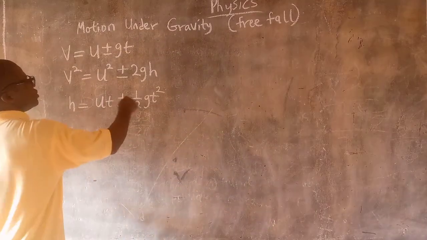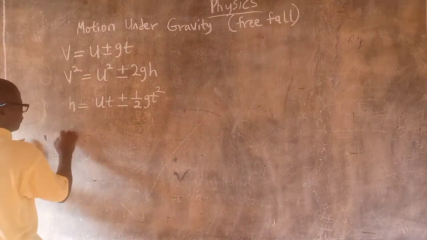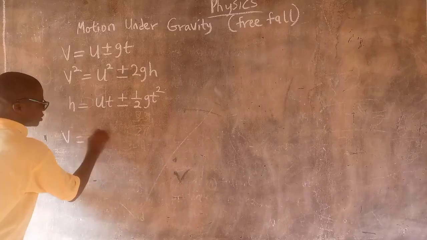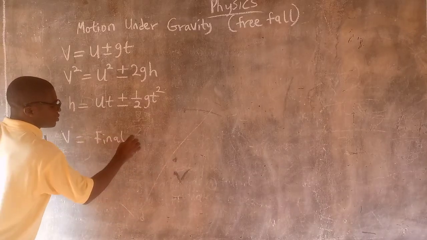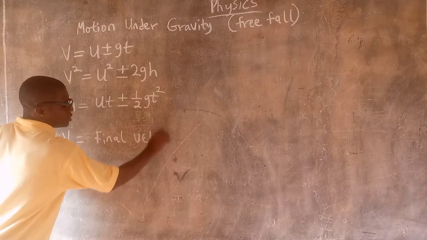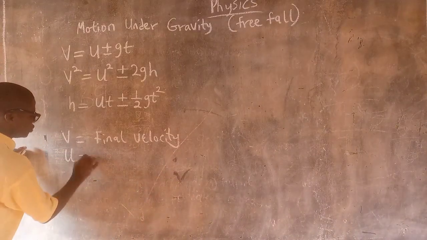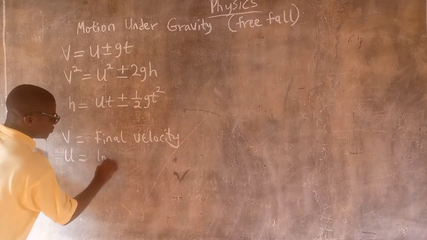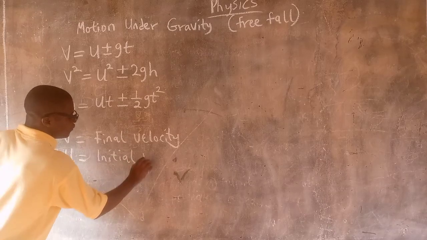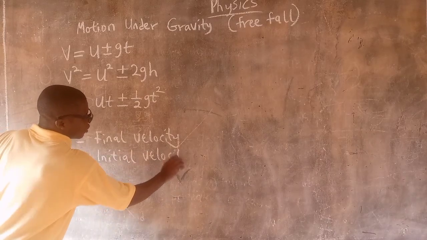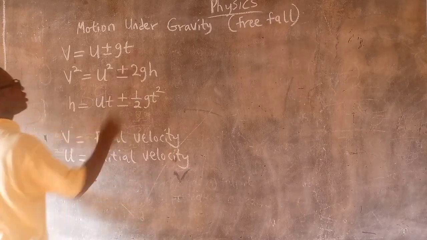V in these equations means final velocity of the object. U means initial velocity of the object performing motion under gravity.